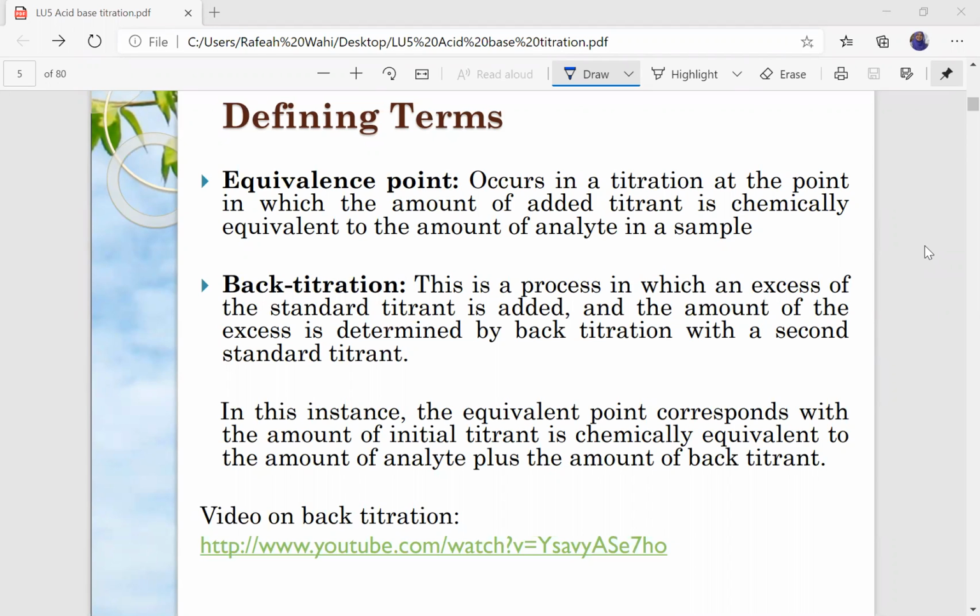What is equivalence point? Equivalence point occurs in a titration at the point in which the amount of added titrant is chemically equivalent to the amount of analyte in a sample. When we talk about chemically equivalent, it means that it has the same number of moles between the titrant and also the analyte.